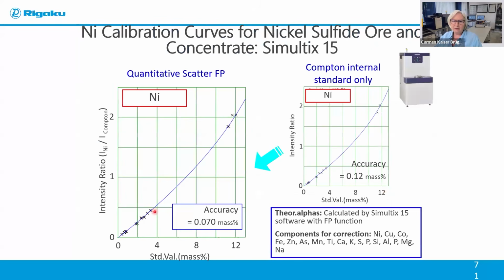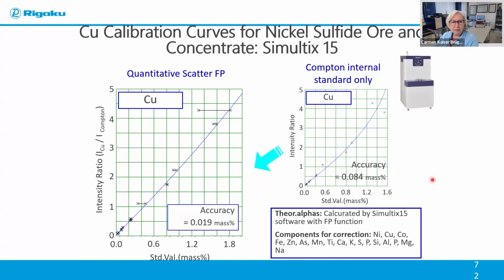So once again, showing you that if we only use the internal standard method with a fixed channel for nickel, then of course the quadratic fit is not as nice as it would be by applying the extra combination with Quant Scatter FP. So you can see a much better fit with a very good accuracy in comparison to just using internal standard only.